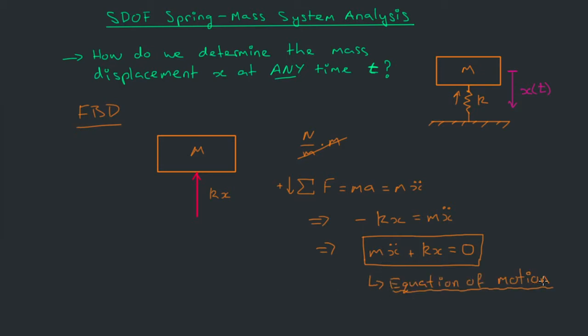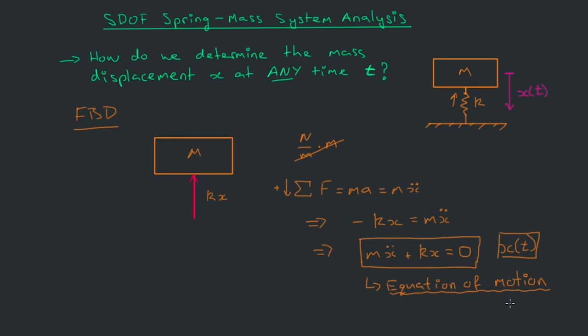We haven't fully evaluated it yet, but we can solve this equation to find x of t, which is what we're looking for, because this will give us the displacement at any time t. That's pretty much it. We've got our equation of motion. Now all we need to do is solve.